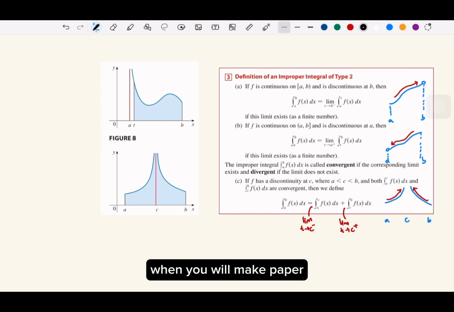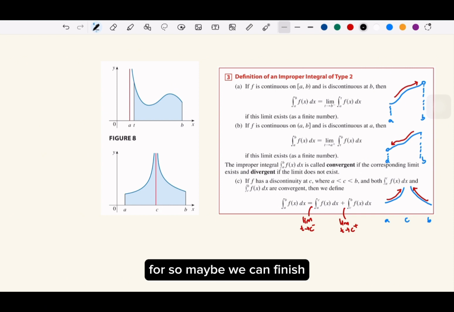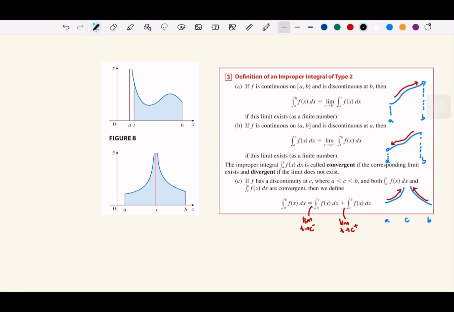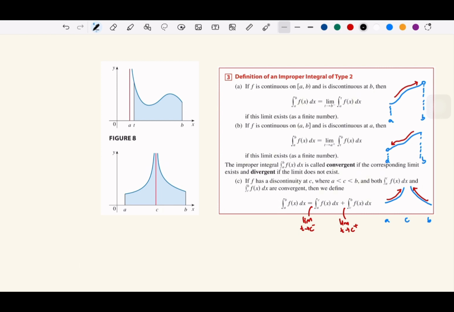For 20 or 30? For 20, right? So maybe we can finish at 3:45. I'm asking if you want that, maybe now we can have a 10-minute break. Is that okay?